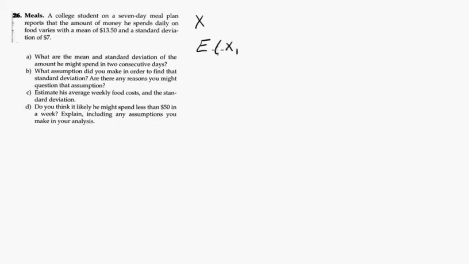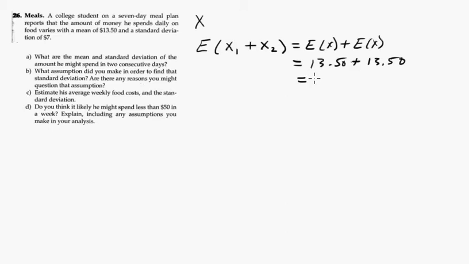That variable is going to occur twice, so all that is the expected value of x plus the expected value of x. So that's just 13.50 plus 13.50. That should be $27, right? $27.